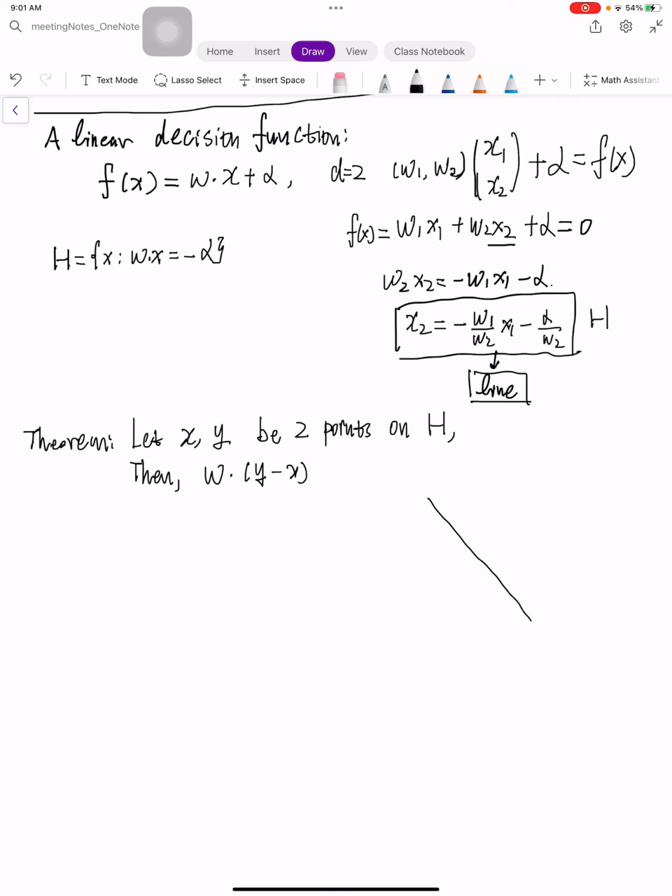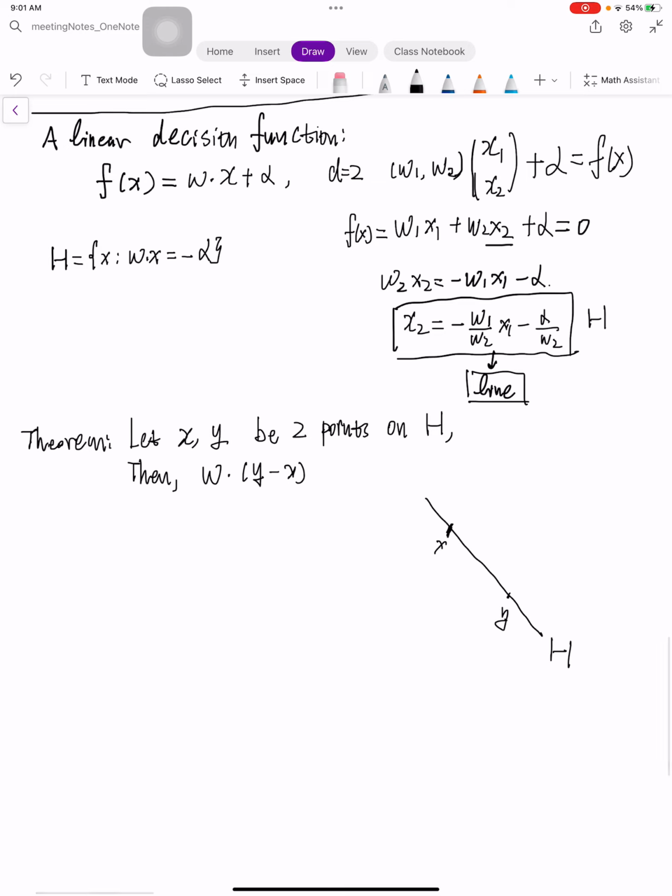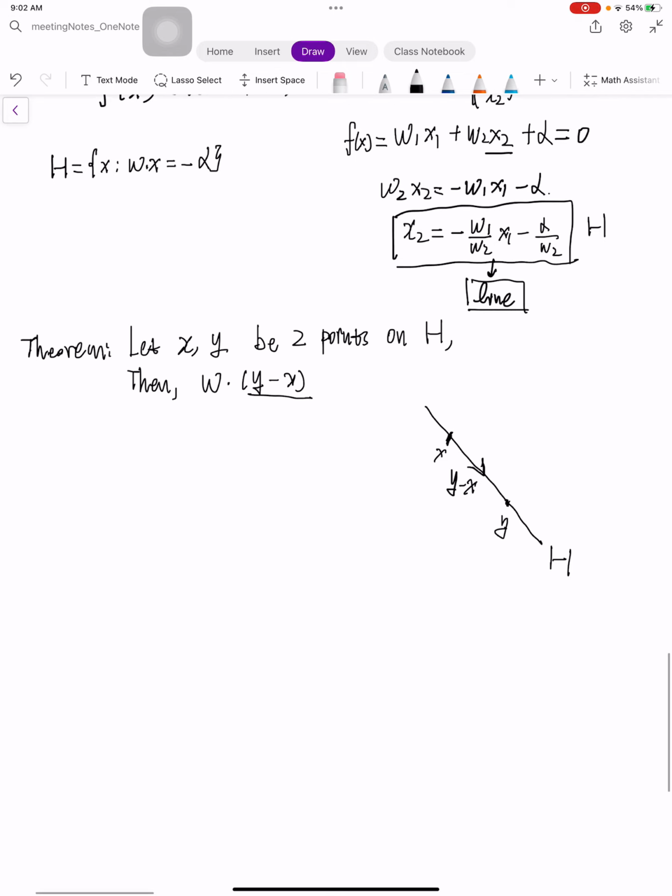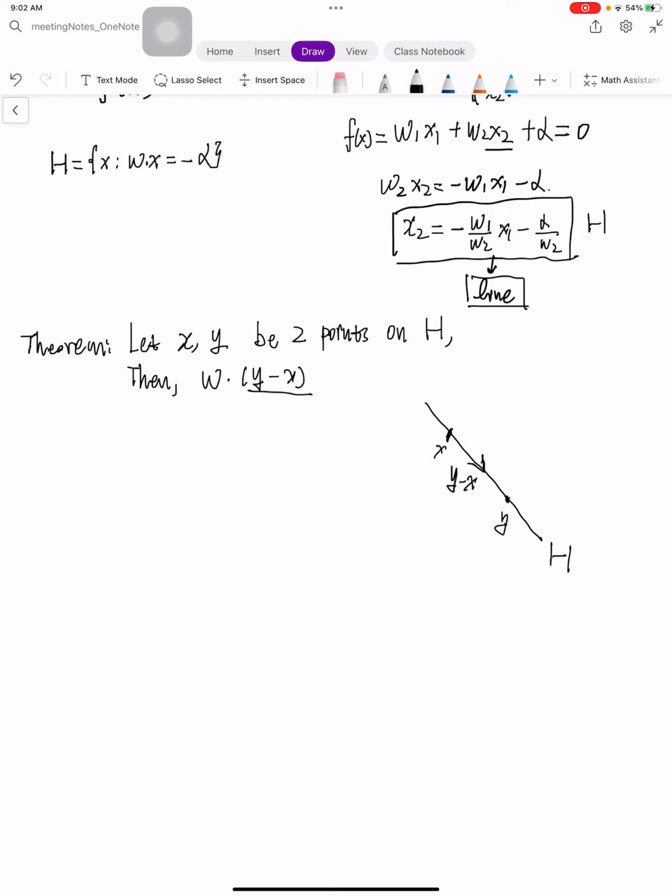So suppose this is our decision boundary, and we have 2 points x and y here. If we have 2 vectors, one denoted by x, one denoted by y, then y minus x is the vector pointing from x to y. This theorem tells us the inner product between omega and this equals 0.